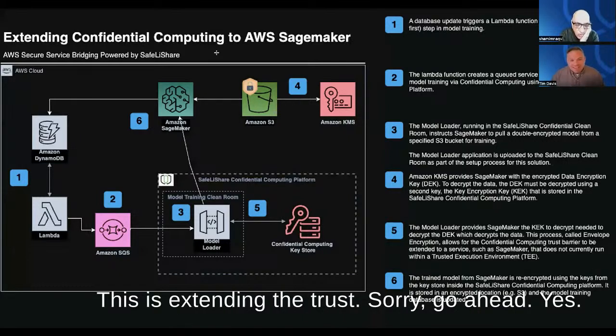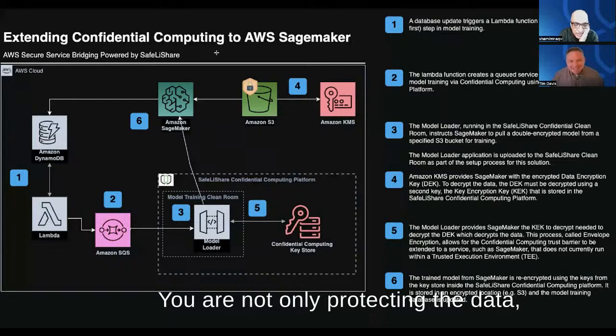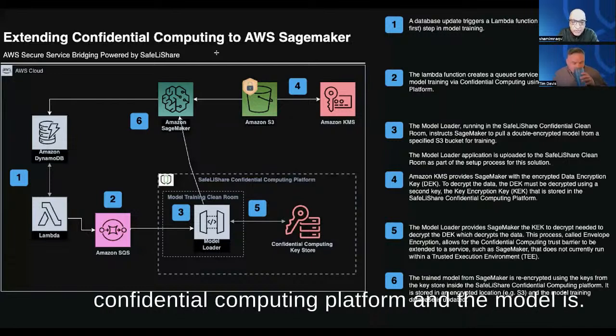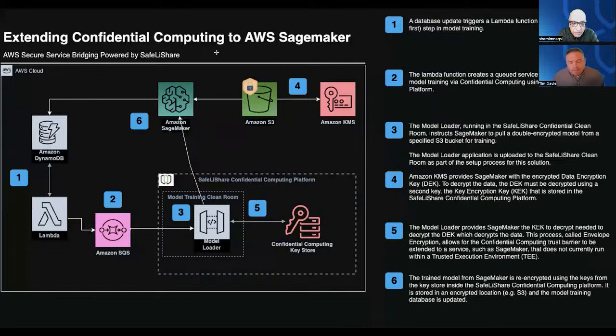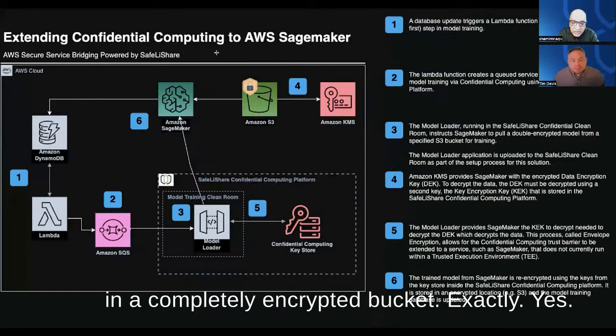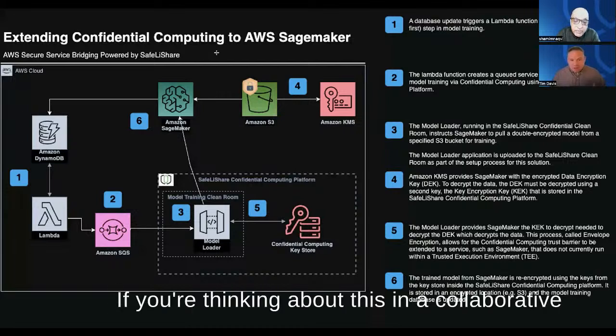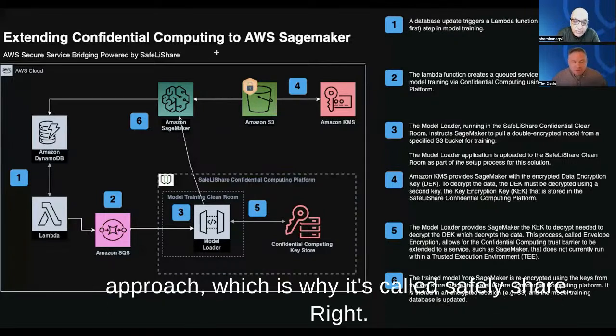Sorry, go ahead. Yes. You are not only protecting the data, you are also protecting the model, because the model is encrypted inside the confidential computing platform, and the data is also protected in a completely encrypted bucket. So exactly. Yes. So this is two layers or two areas of protection, right? If you're thinking about this in a collaborative approach, which is really why it's called SafeLiShare, right?